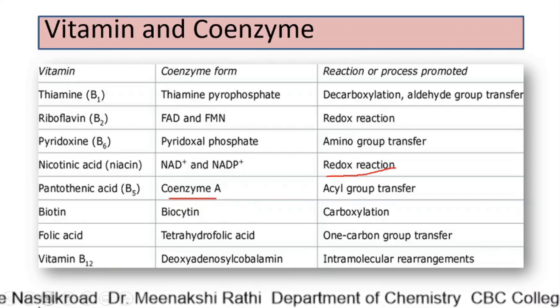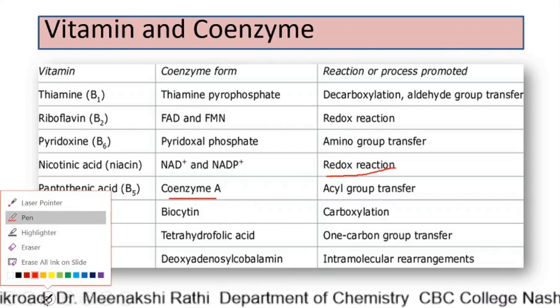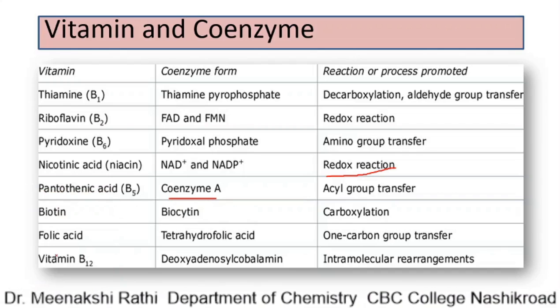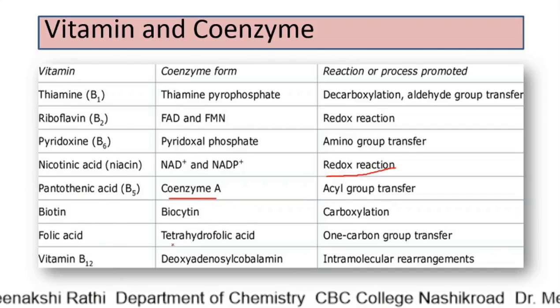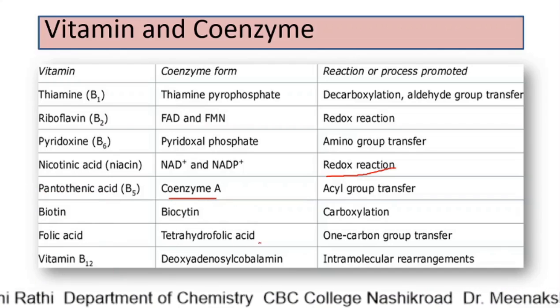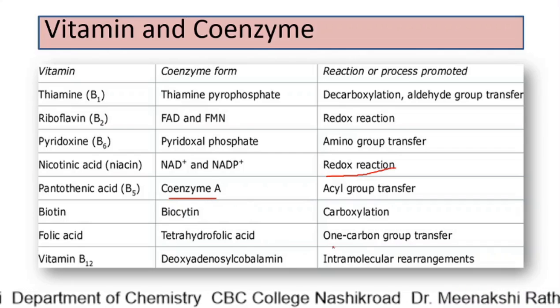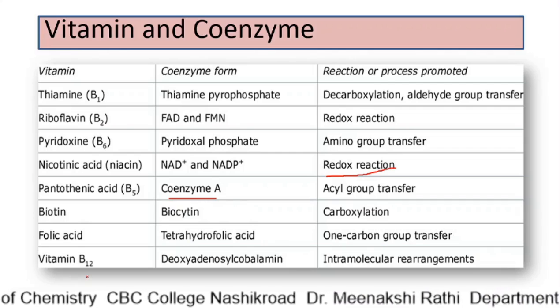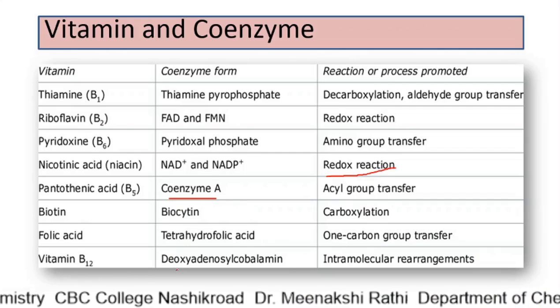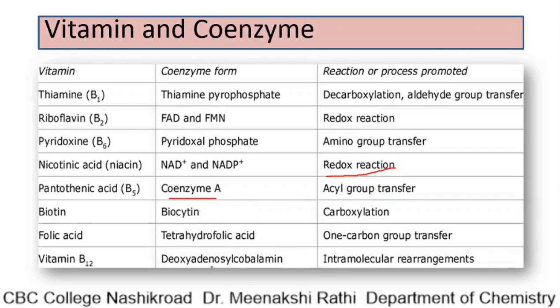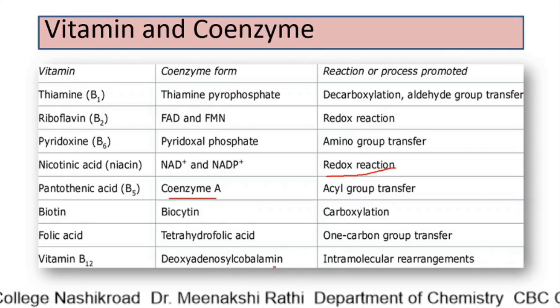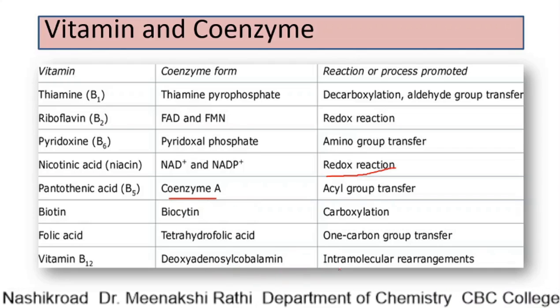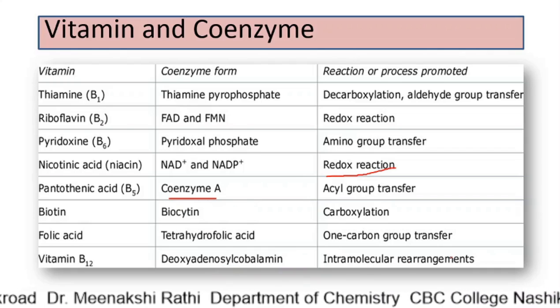While vitamin B9 or folic acid, its coenzyme is tetrahydrofolic acid and it takes part in one carbon group transfer reactions. While vitamin B12, its coenzyme is deoxyadenosylcobalamin. It takes part in intramolecular rearrangement.